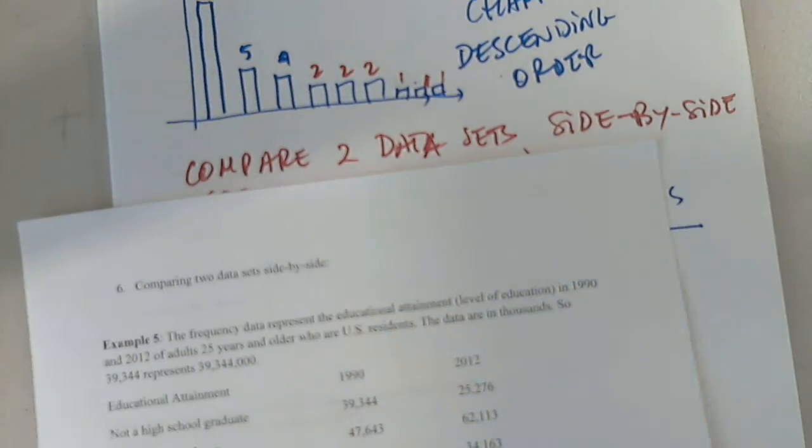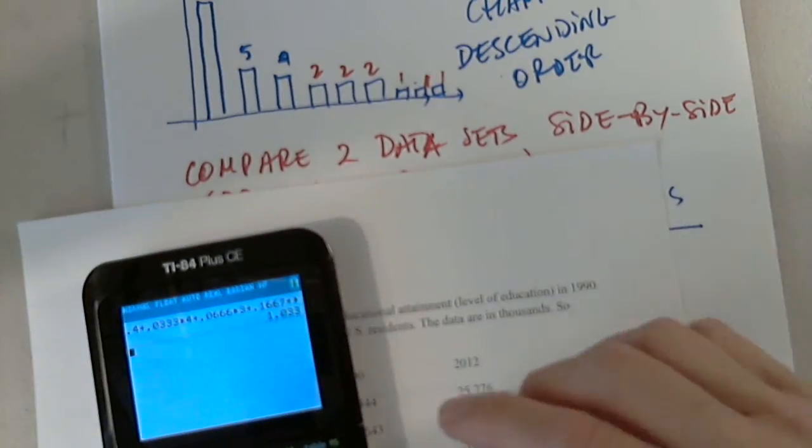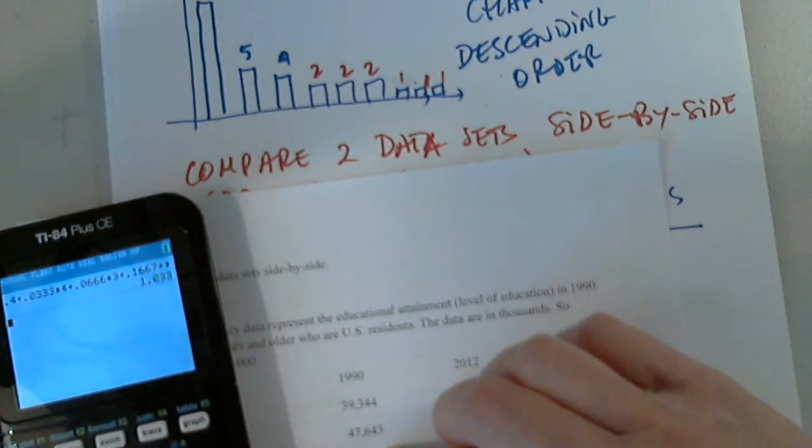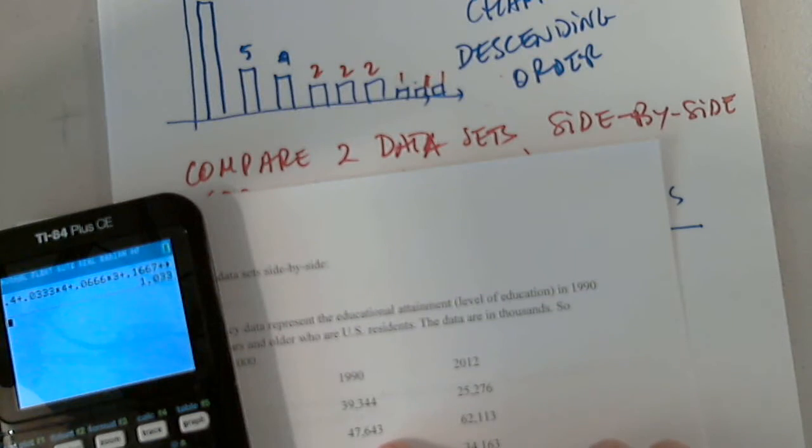The first thing I'm going to do with the graphing calculator is enter the information I have, the 39,344, 47,643, etc., all in list L1.